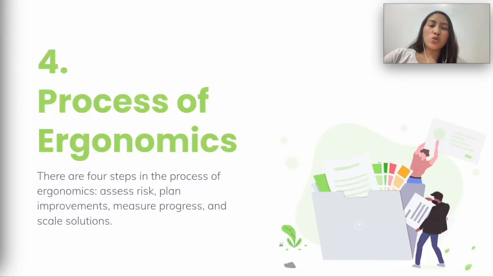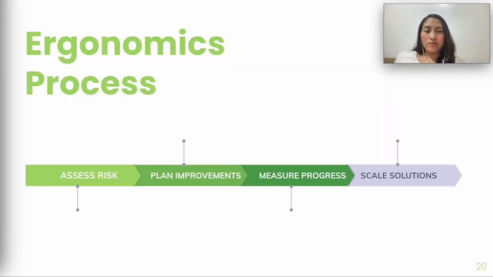So next, let's proceed to discussing the process of ergonomics. There are 4 steps in the process of ergonomics: assess risk, plan improvements, measure progress, and scale solutions. So let's discuss each. So you have here the ergonomics process. By the way, I would like to note that this is the process for workplace ergonomics.